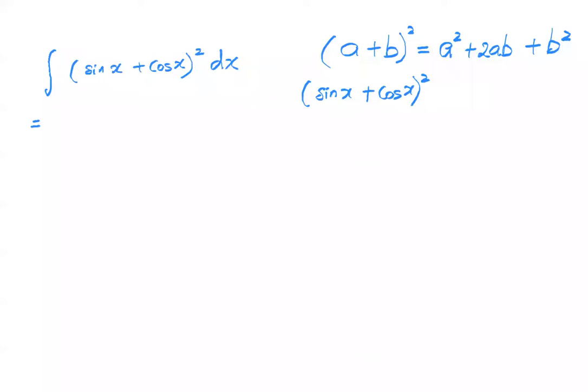If you follow the formula, it is (sin x) squared, plus 2 times sin x times cos x, plus (cos x) squared. And you have to memorize the formula in order to expand fast.